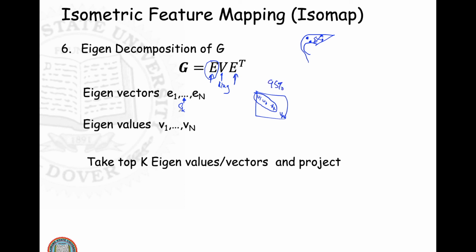Okay, and so these eigenvectors are associated with the eigenvalues, and the eigenvalues describe the variance, or the amount of affinity or degree disparity, in each one of the directions described by these eigenvectors.